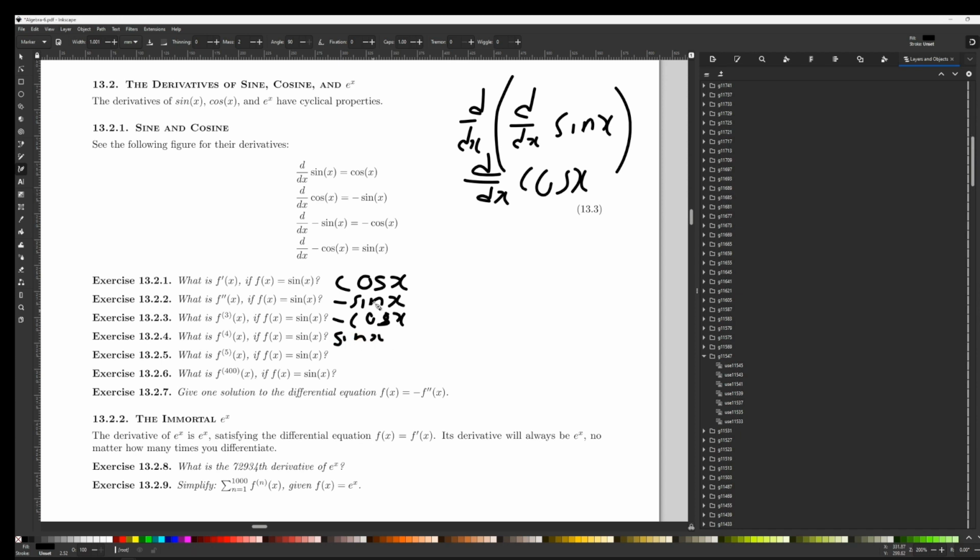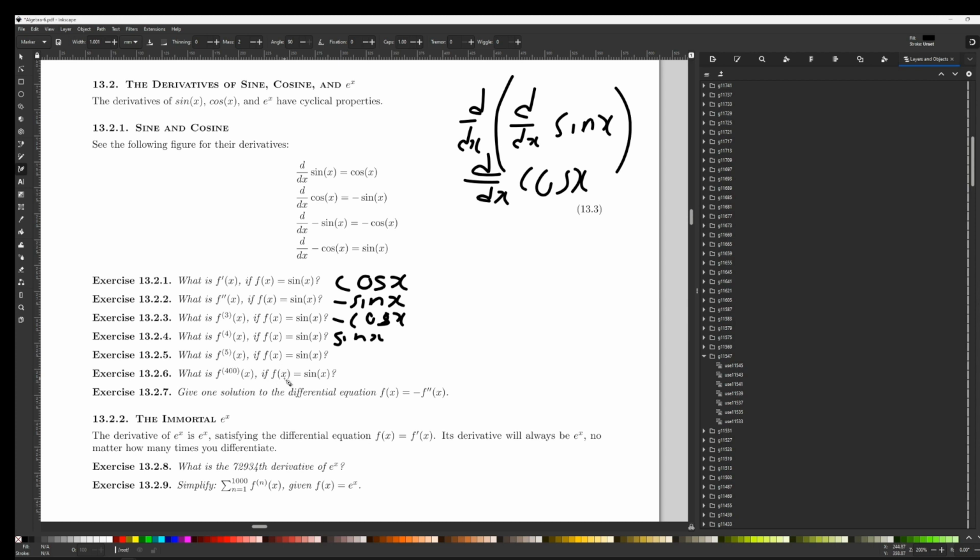We see here that since there are 4 steps in the cycle, if we apply 4 derivatives, we're going to end up back where we started. See, 1, 2, 3, 4. So for the fifth derivative, that's really just the first derivative of sine, because the other 4 don't matter.